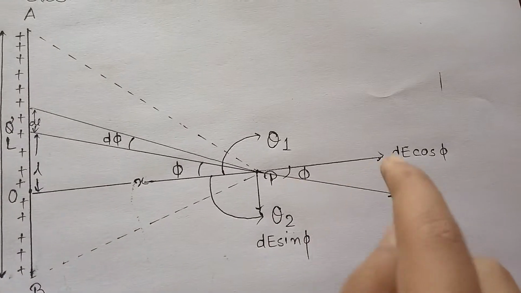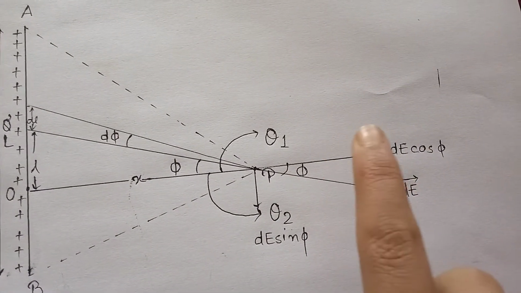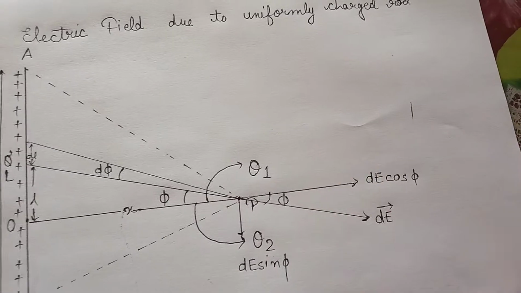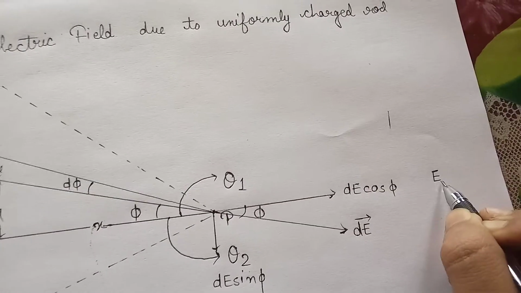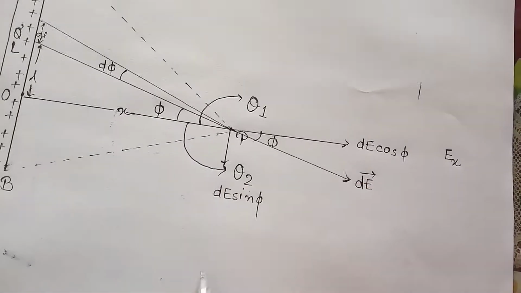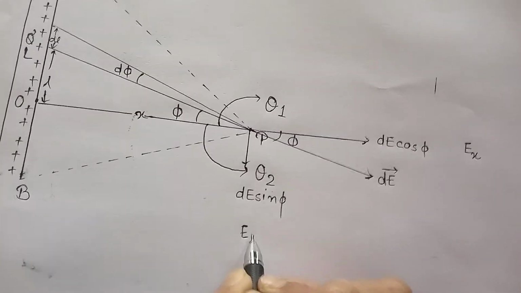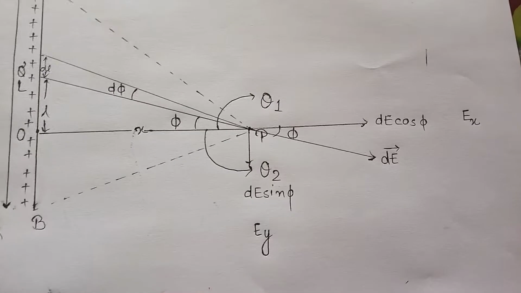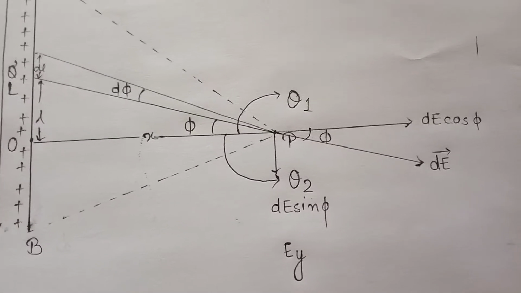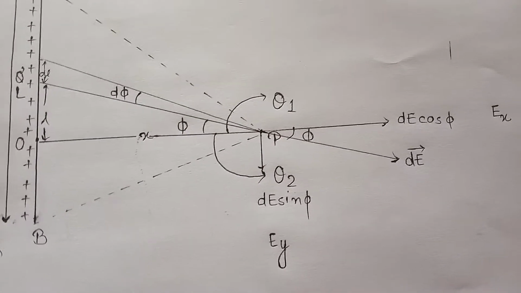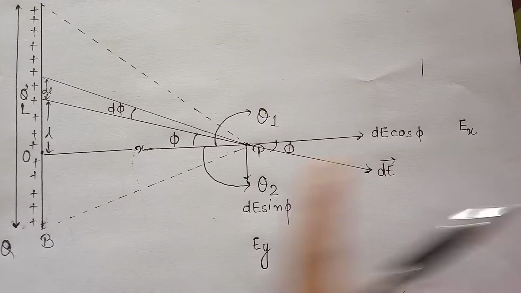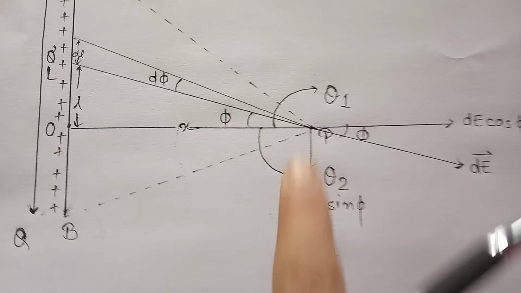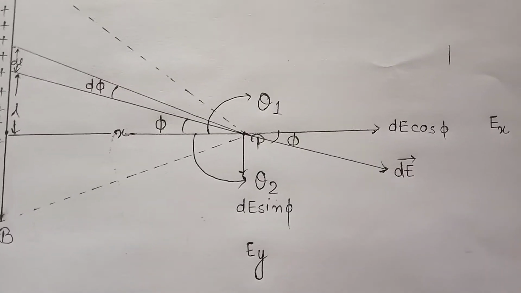The total electric field on this side will be Ex, and on this side it will be Ey, because x components go in the horizontal direction and y components go in the vertical direction.